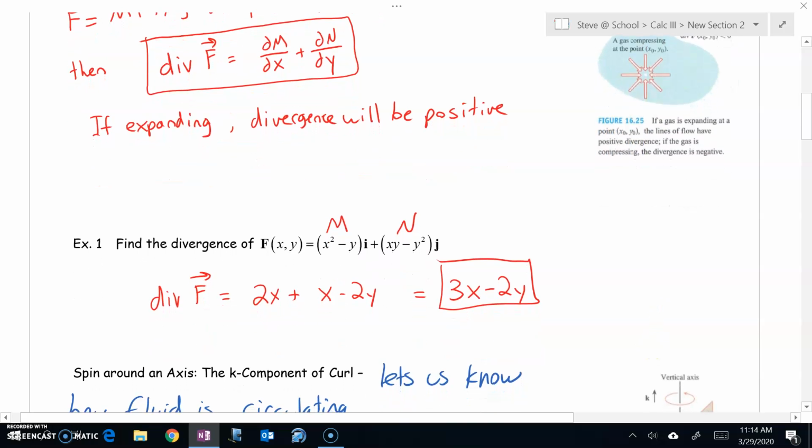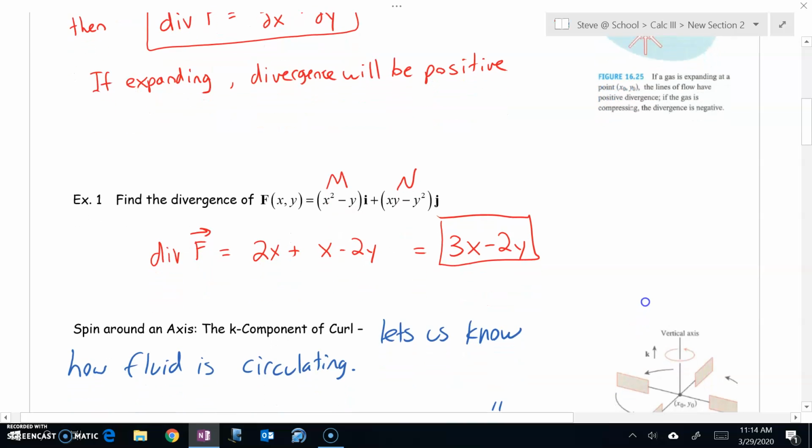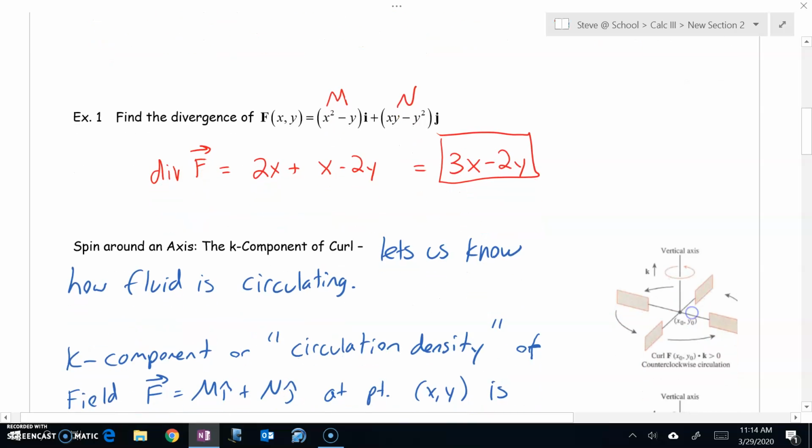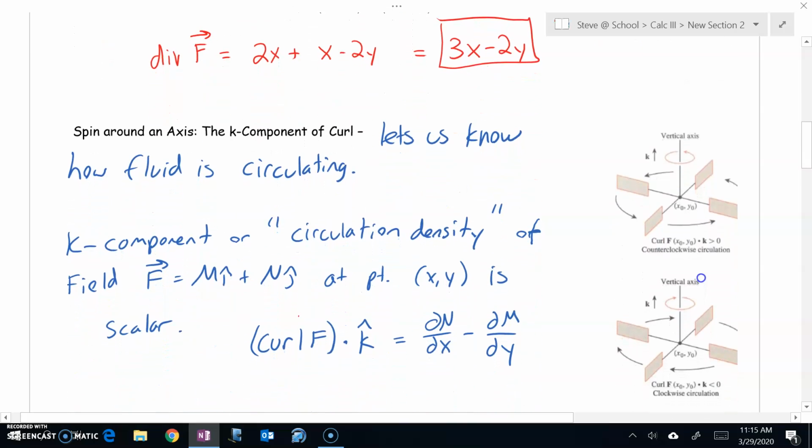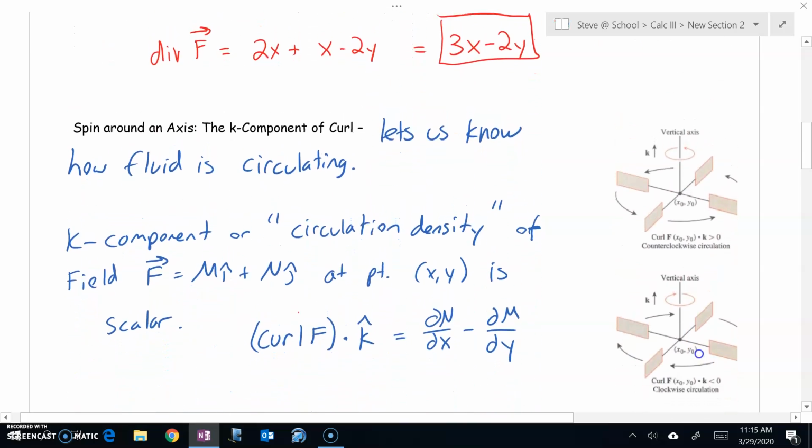The next thing we have to talk about is how to convert our work or circulation integral that we learned from 7.2. To do that, we need to know what the k component of the curl is. This lets us know how the fluid is circulating. I'm going to scroll up here so you can pause it and look at it.